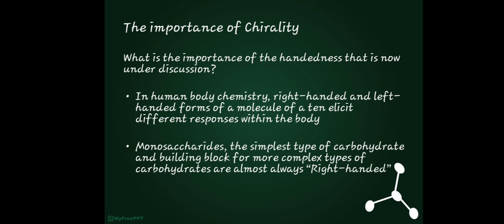According to research, monosaccharides, or all the carbohydrates that we eat, or even the carbohydrates inside our body, are at the right-handed level. So always remember that all of your carbohydrates, or even the sugar that you take, are right-handed inside your body.